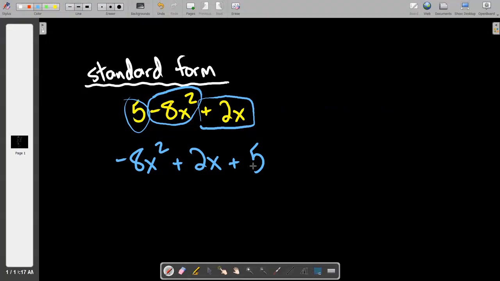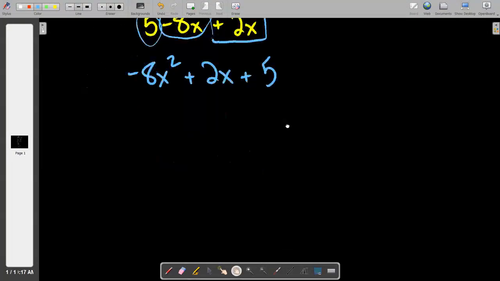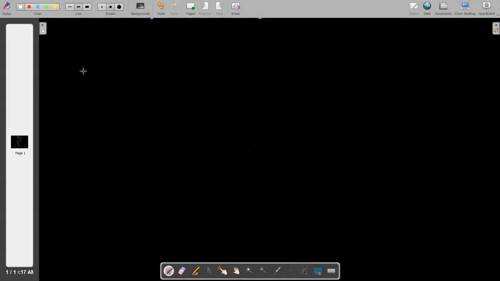All right, the second half of today's lesson deals with adding and subtracting polynomials. We will stay away from multiplying for probably one more day, and then the multiplication will take over. So today we learn about adding and subtracting polynomials.